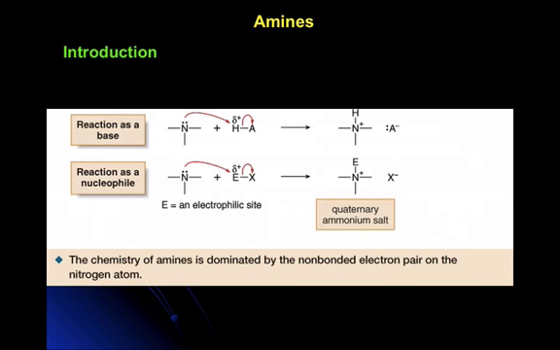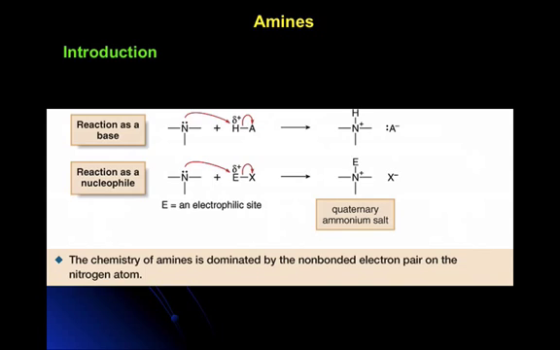Okay? We know that amines can react as bases and that they can also react as nucleophiles. So for example, if I take an amine and I throw it into an acidic solution, let's say HCl, I'm going to get the ammonium salt out of that particular reaction.